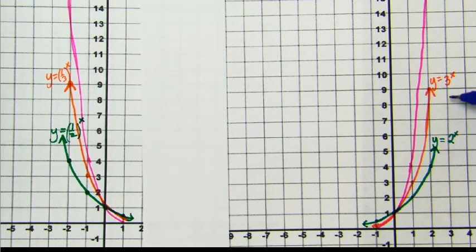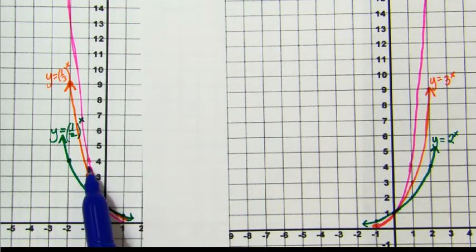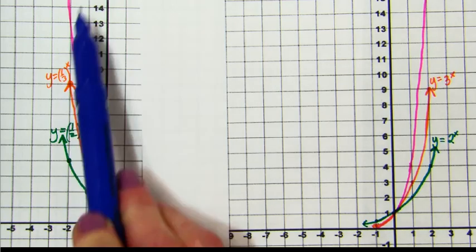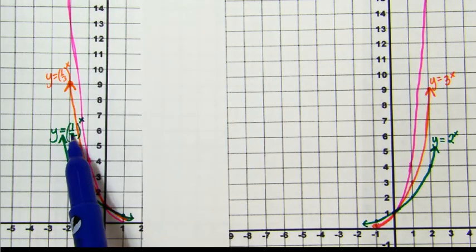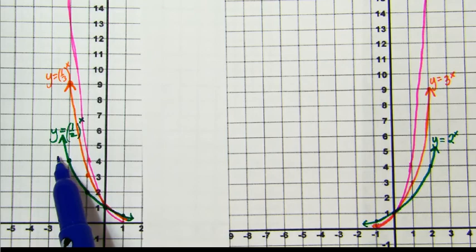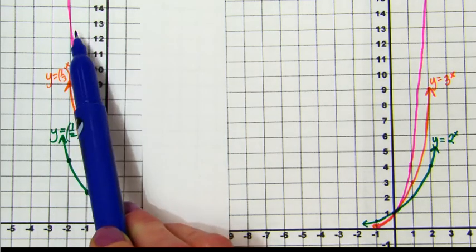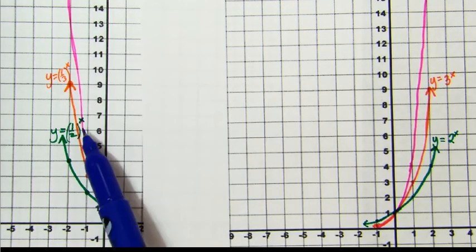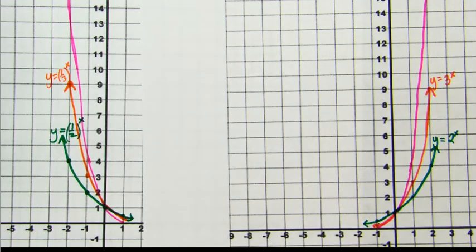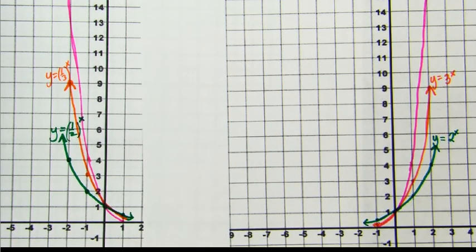So as my b gets larger, we can say that the curve gets steeper. But over here, as our b gets larger, the curve gets flatter. Remembering that 1/2 is larger than 1/4, right? So putting it in those words doesn't really work. But there is something happening as these b's change.